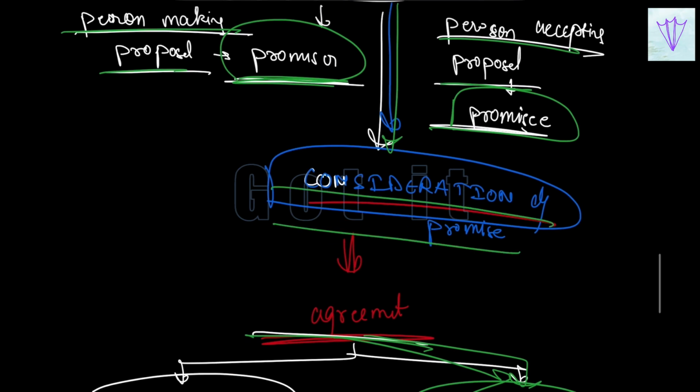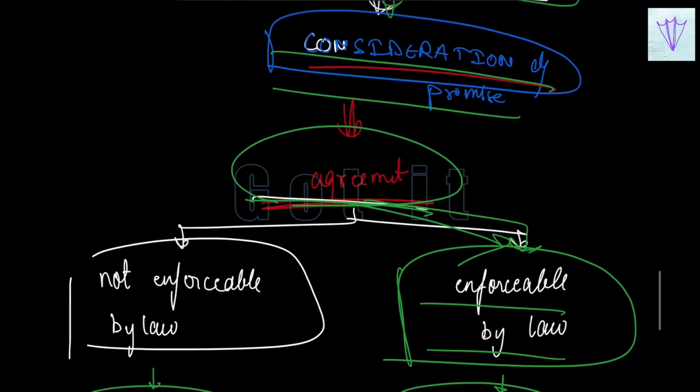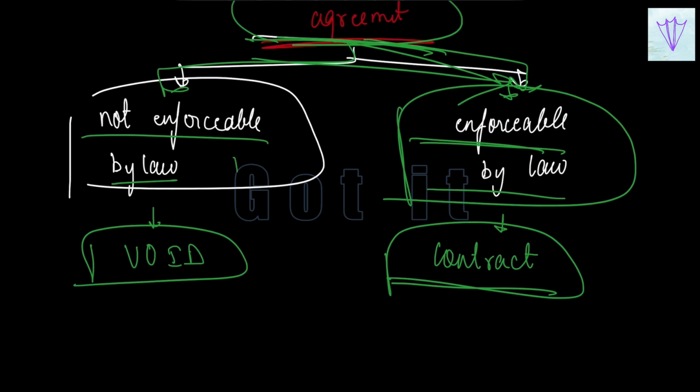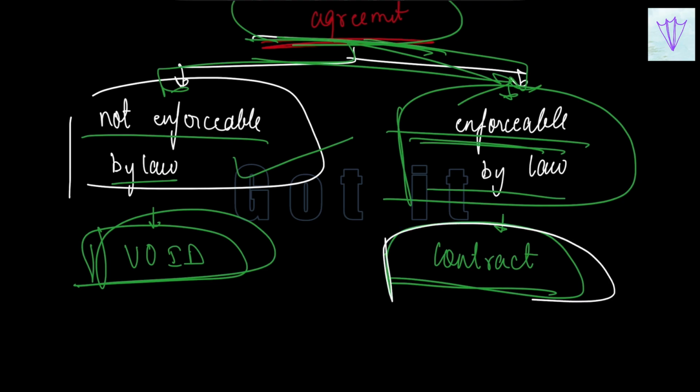By consideration, a proposal turns into an agreement. An agreement can either be enforceable by law or not. If it is not enforceable by law, it is called void, and if it is enforceable by law, it becomes a contract.